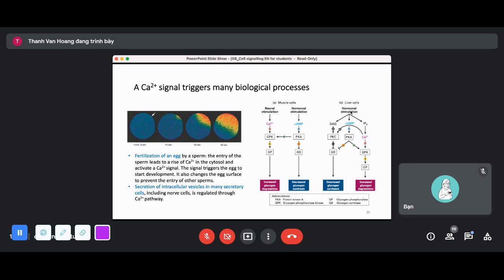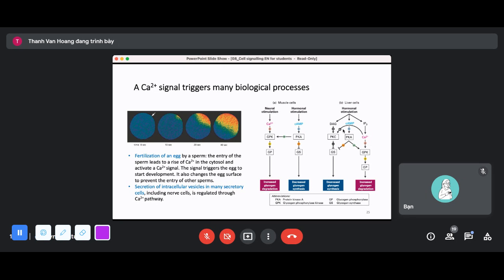Or in the liver cells, for example, hormonal stimulation also stimulates the G-coupled protein, and as a consequence, cyclic AMP is formed. And also diacylglycerol and IP3, all of them are secondary messenger molecules, and IP3 opens the calcium ion channel in the ER, increasing the concentration in the cytoplasm, as we talked about.